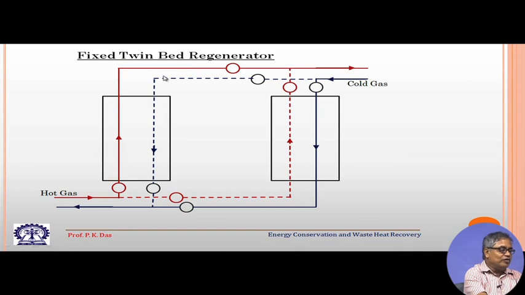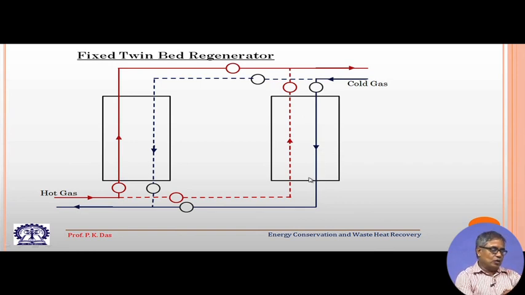So, when the cold stream is passing through the first bed, heat is extracted from the first bed by the cold stream, but at that time the second bed is being heated, it is in the process of being made ready, so that at the next instant the cold gas stream will pass through it and pick up a certain amount of thermal energy.